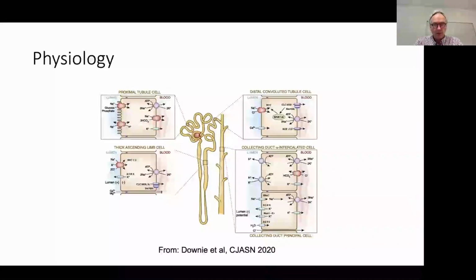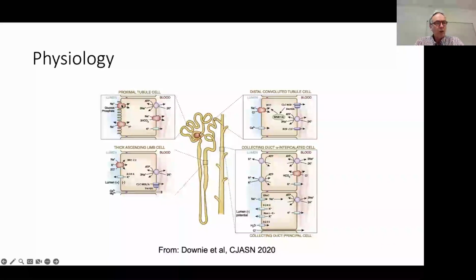And here are these highly specialized robots, these tubular transporters. You're all familiar with these different segments of the nephron. And don't worry, I'm not going to go into too much detail here. I'm just going to point out the sodium-potassium ATPase that is at the basolateral membrane of all these cells, and which maintains this electrochemical gradient for sodium, which then drives most of the transport processes.